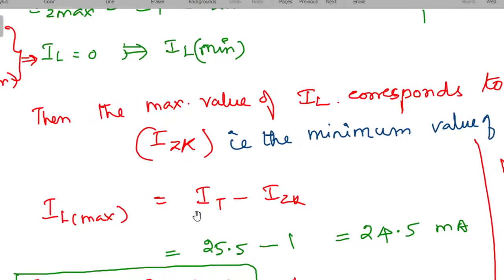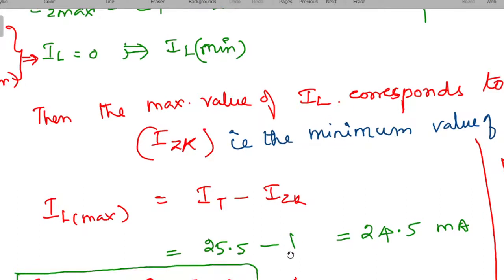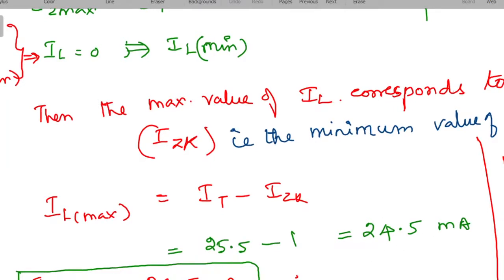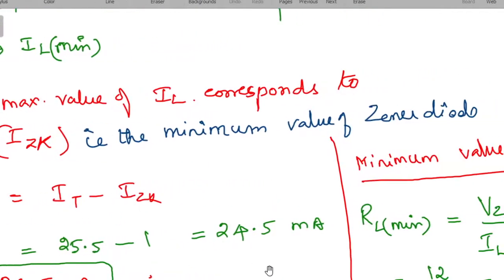So IL maximum is equal to IT minus IZK. Here IT we know is 25.5 minus IZK, given in the problem as 1 milliamp. So the answer is 24.5 milliamps. So IL maximum will be 24.5 milliamps.